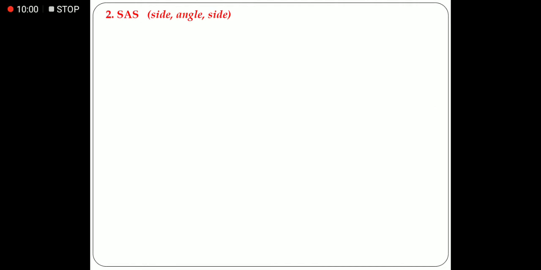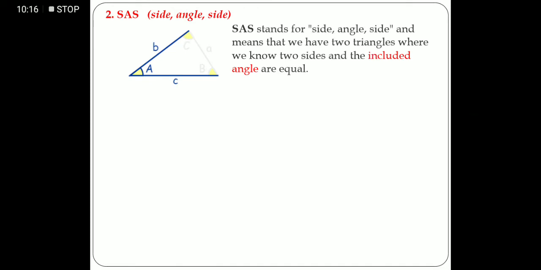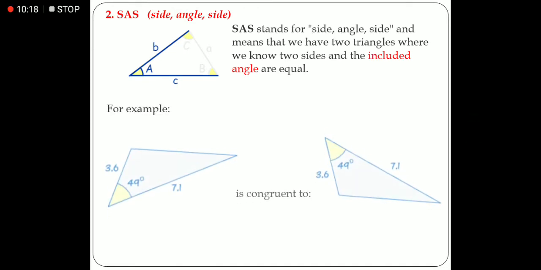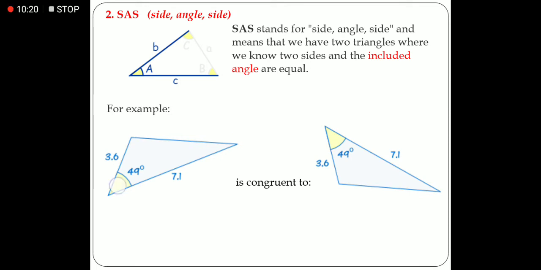The second postulate is side, angle, side. Look well at this figure. I have to prove two equal sides and the angle between them should be equal. For example, here this side measures 3.6 and this one also 3.6.